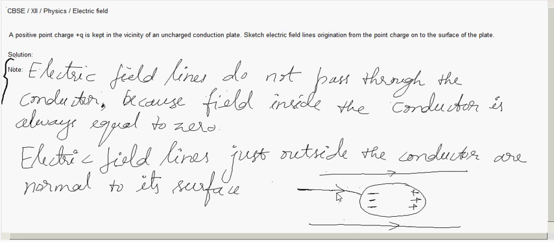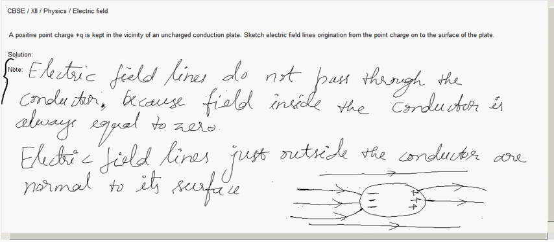We know the field lines end at negative charge. So they fall normal. Wherever they are touching the surface, they should be normal to that surface. Something like this.